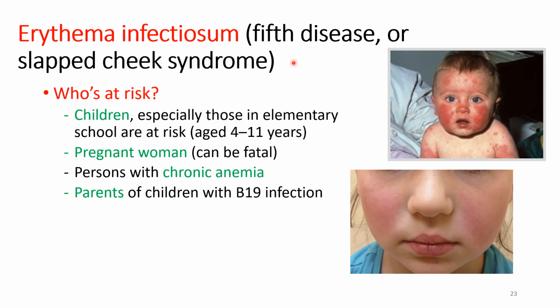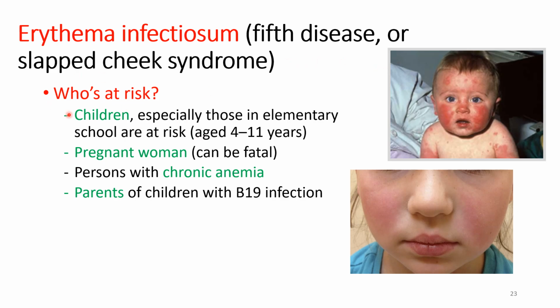The fourth is staphylococcal scalded skin syndrome. And the sixth one is exanthem subitum or roseola infantum that is caused by human herpesvirus 6 or 7 serotypes. Okay, so this is why we call it the fifth disease.